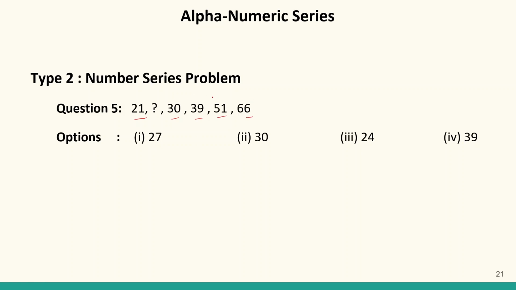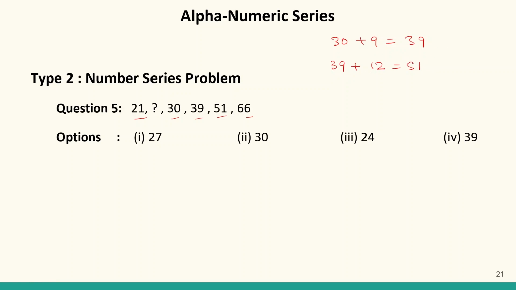So let us try to find the logic. From 30, if we are going to 39, we are adding 9. If from 39 we are going to 51, that is, we are adding 12.